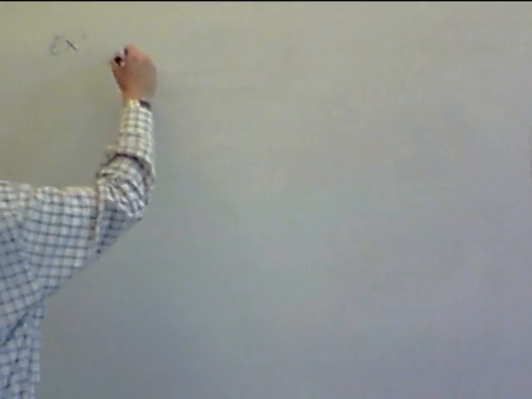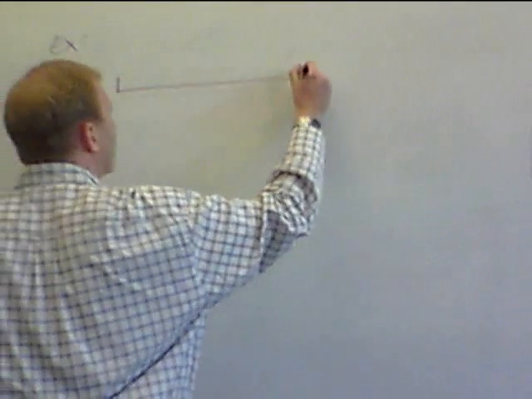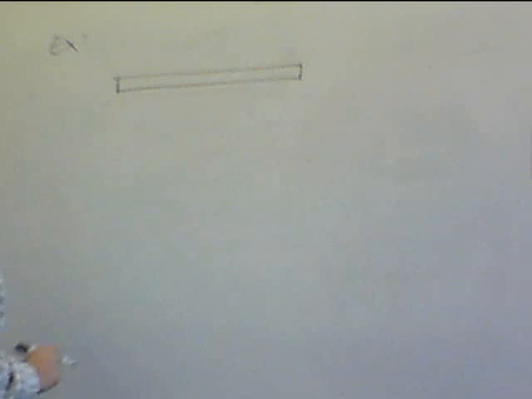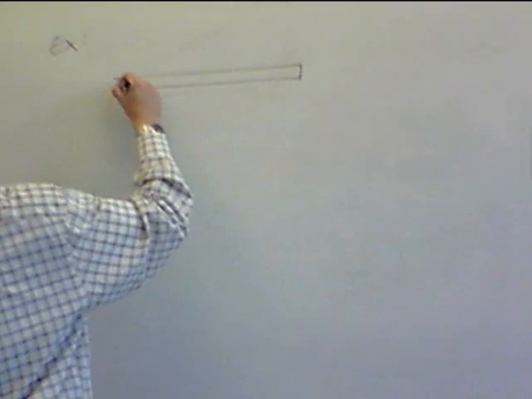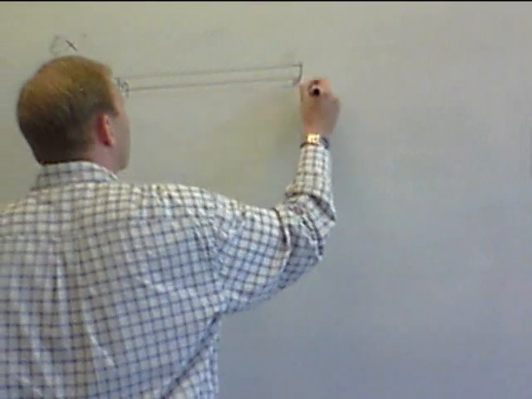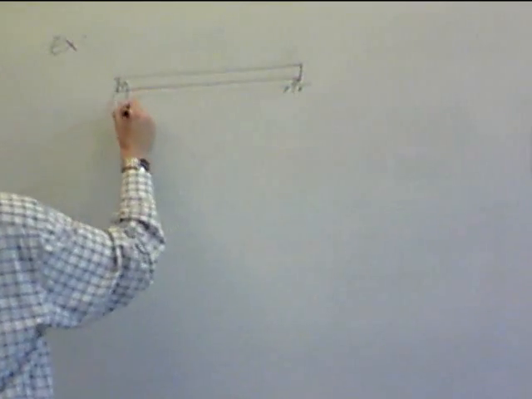say a simply loaded beam here, or not so simply loaded, I guess. This is still going to be a pin joint, and this is still going to be a roller.